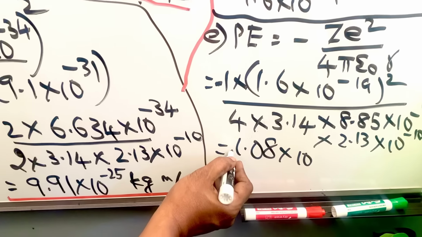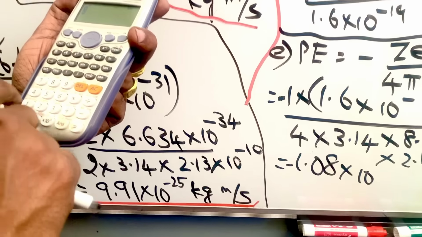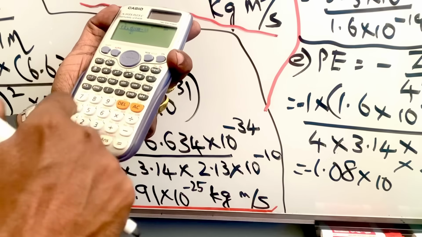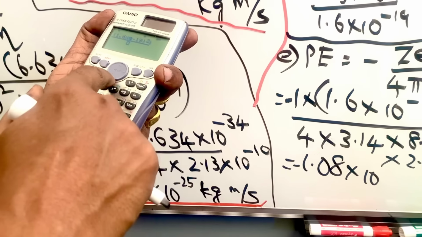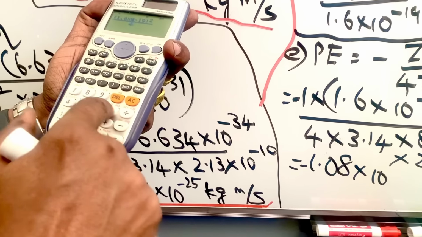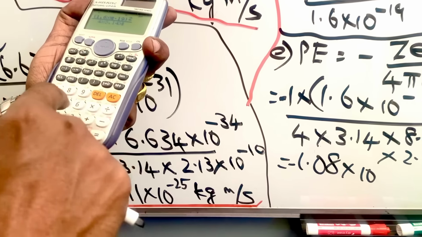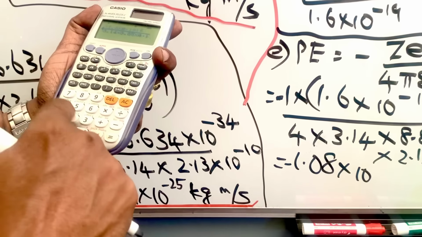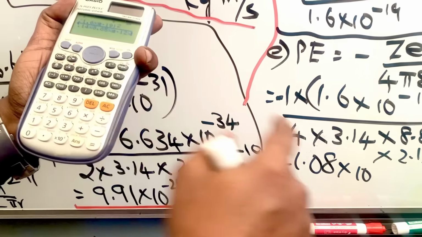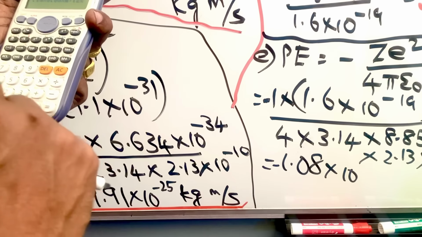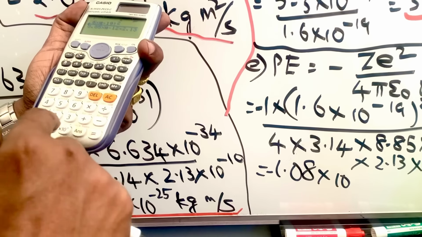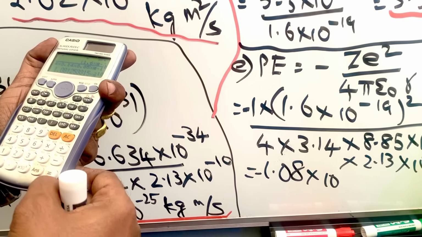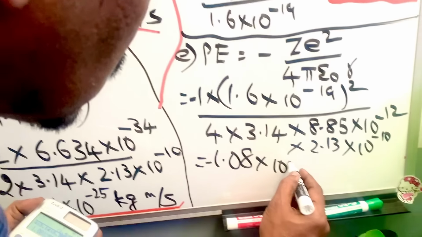The answer will be negative. 1.6 times 10 to the power negative 19 whole squared divided by 4 times 3.14 times 8.85 times 10 to the power negative 12 times 2.13 times 10 to the power negative 10 will be equal to 1.08 times 10 to the power negative 8.